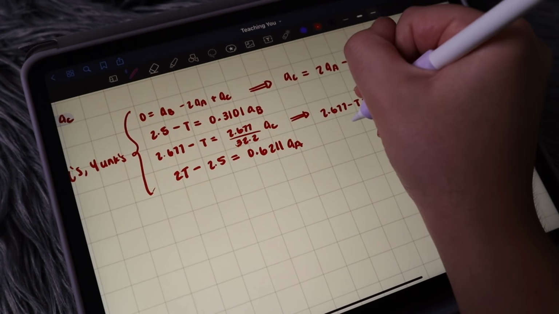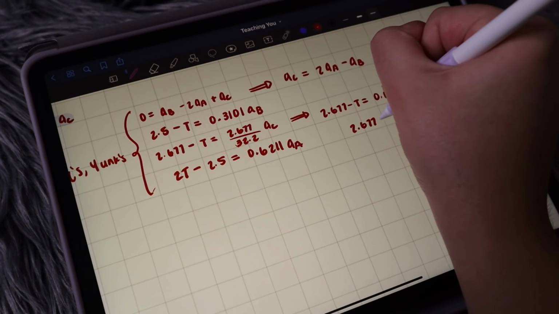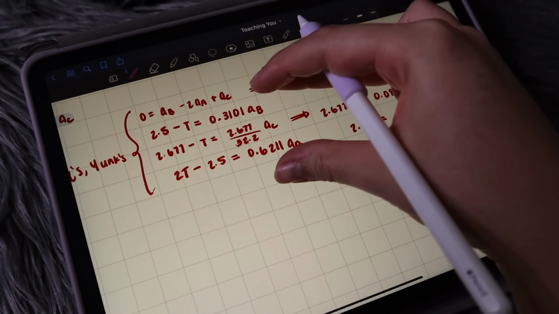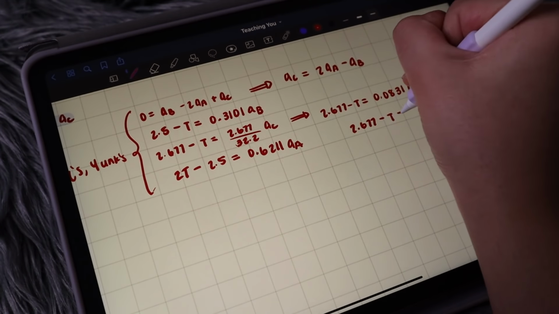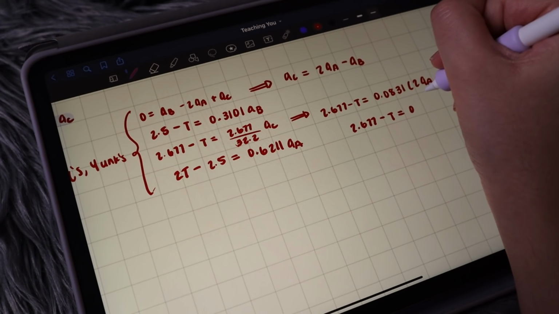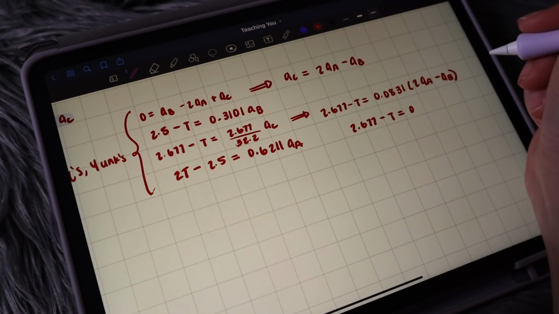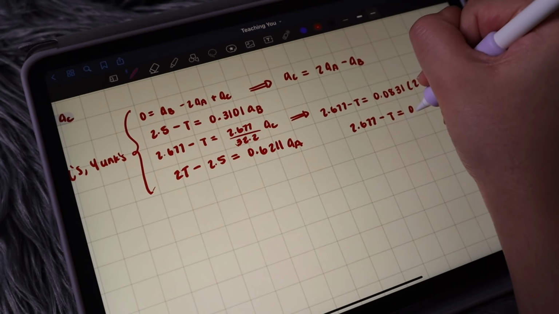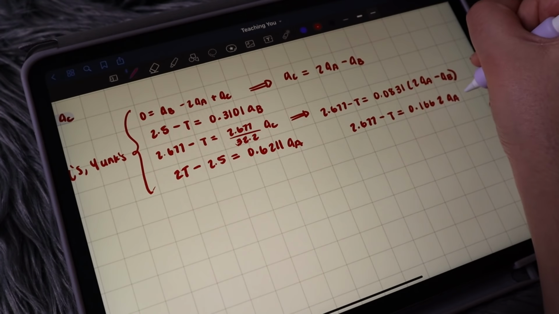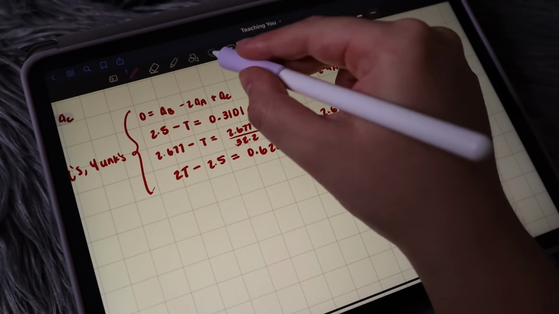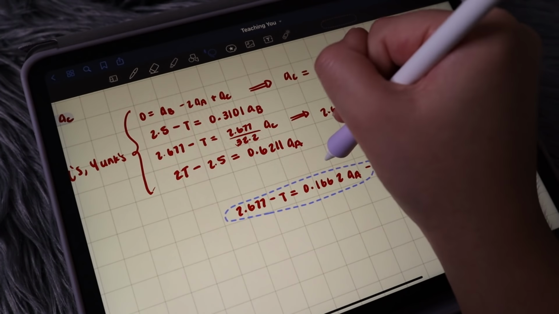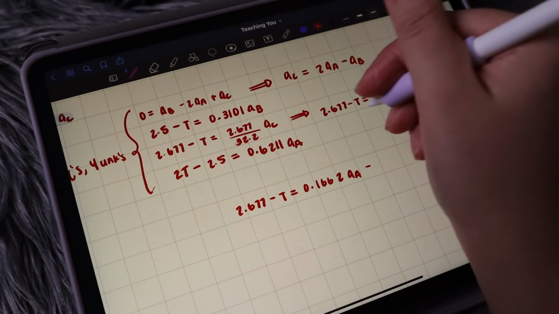So yeah, it's honestly just a matter of simplifying and taking the time to do that. What I did was I simplified this one and then I plugged in the rest into my calculator. So I guess you can do it either way. But I'm just gonna bring this down a little bit actually.